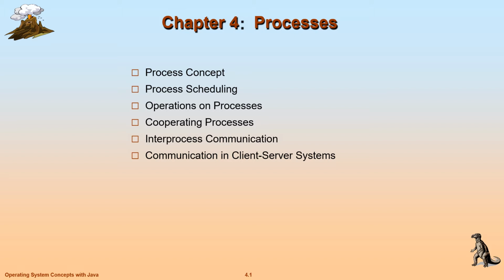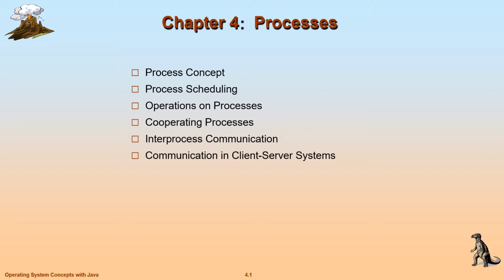Let us see a small example. Even on a single-user system like Microsoft Windows, a user may be able to run several programs at one time: a word processor, a browser, and an email package. These are all being used by the user.